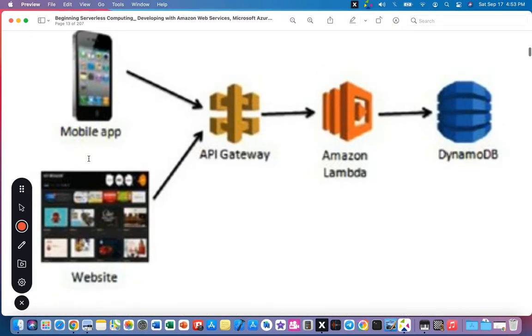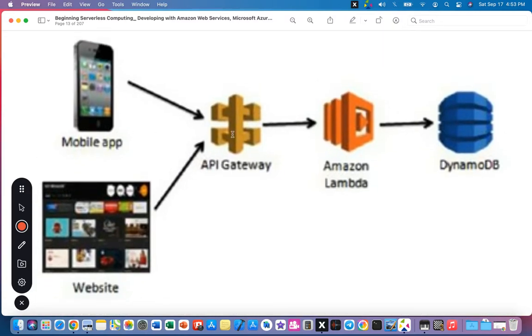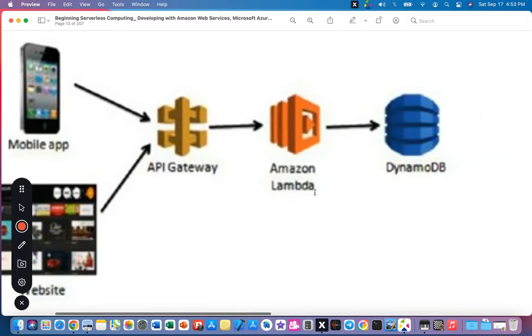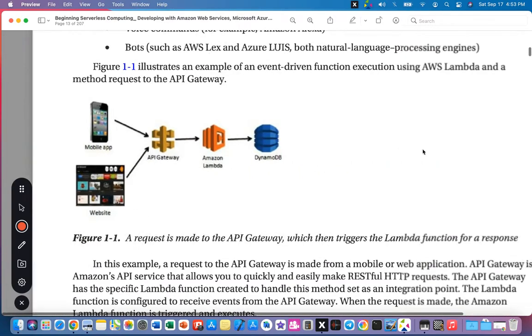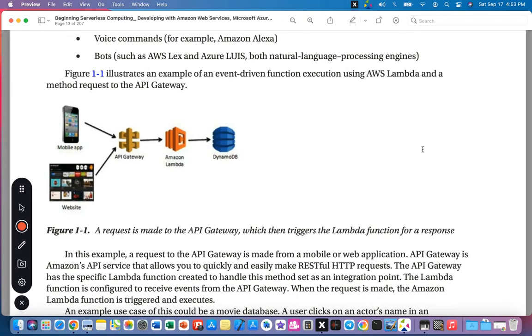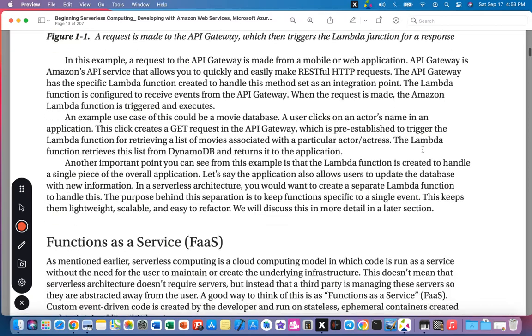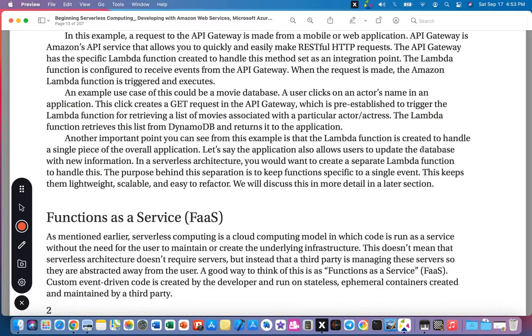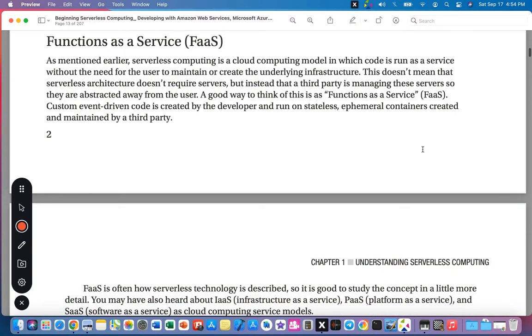So here is a mobile app or a website, and here is the API Gateway, the Amazon Lambda, and the DynamoDB database. All right, we'll skip that part because we are skimming to avoid making the recording boring.